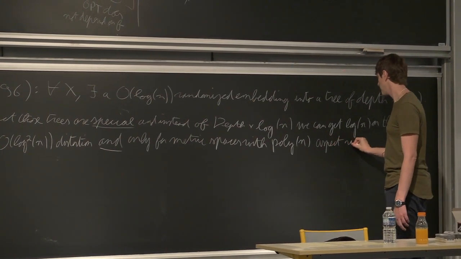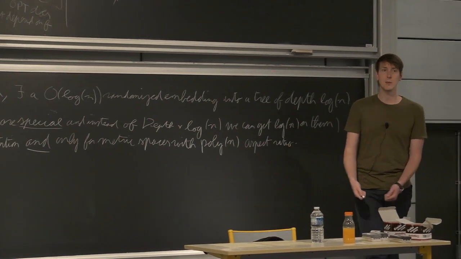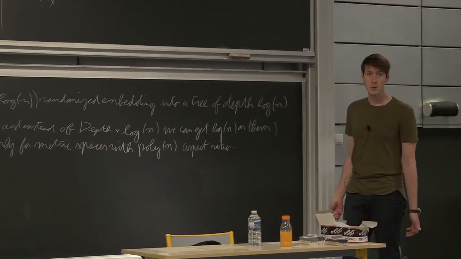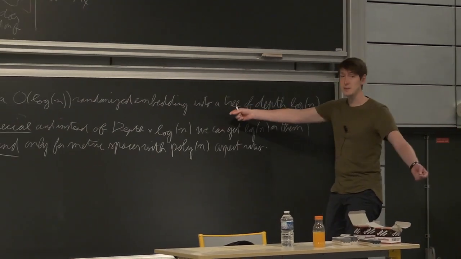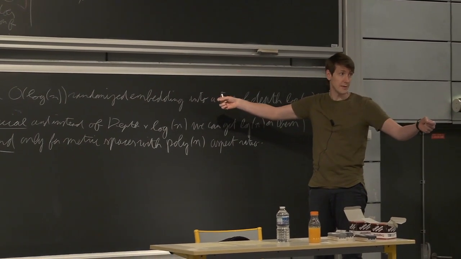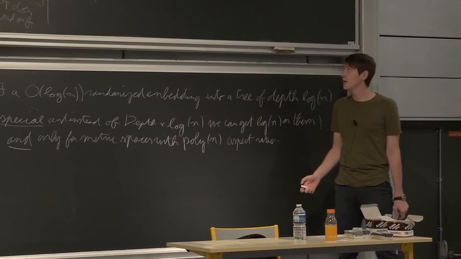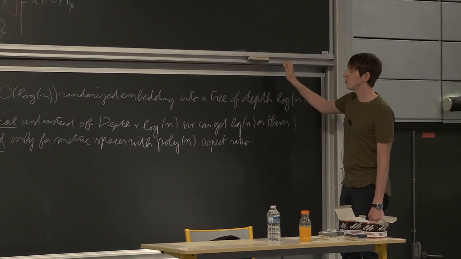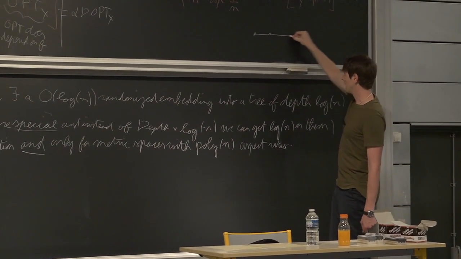Okay, so what is the aspect ratio of a metric space? It's just the largest distance divided by the smallest distance. So for instance, if you have a line, the largest distance is between the two extreme points, which is n, and the smallest distance is 1. So it's fine, it's poly n. But for instance, I told you one of the examples of MTS was this power management, where it looks like this.